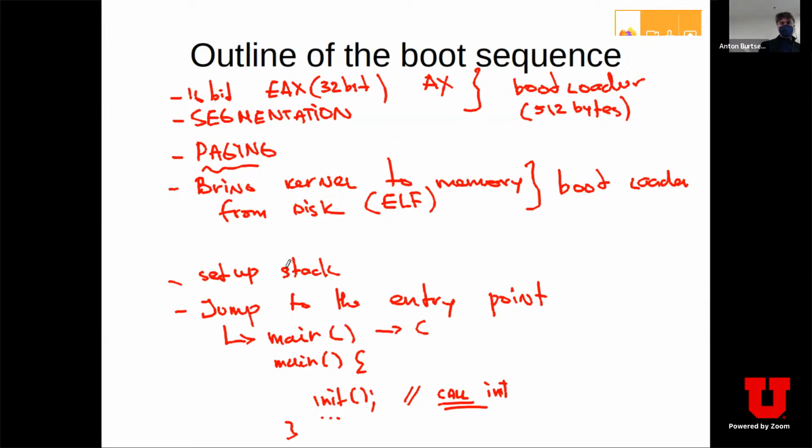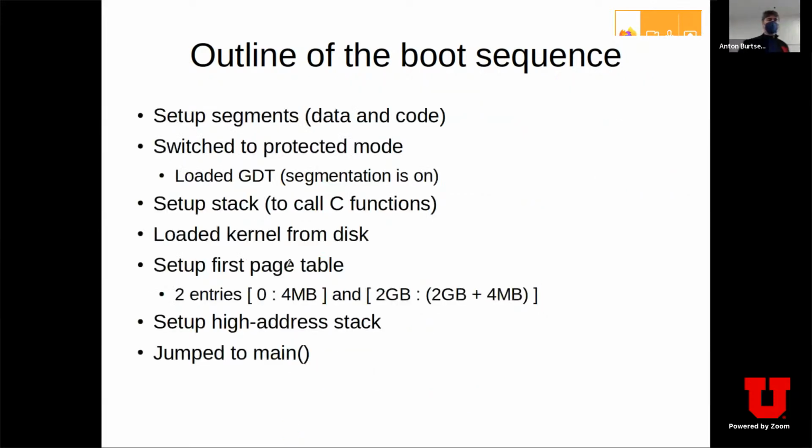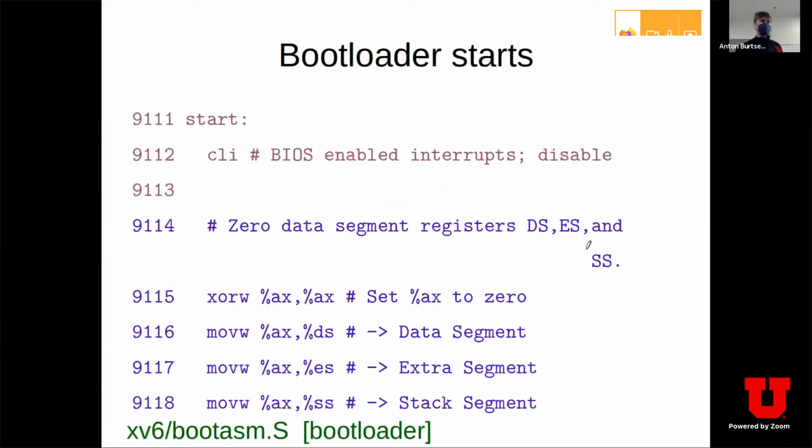So let's start working on it, right? This is the same sequence, but it has a little bit more detail which will become clear as we go forward. Okay, we were looking at this code last time, so it's the same. This is the very first line of your boot block, right? Remember, there's 512 bytes.